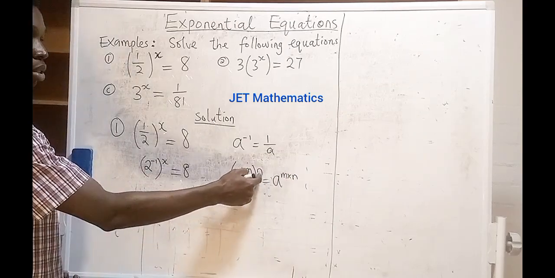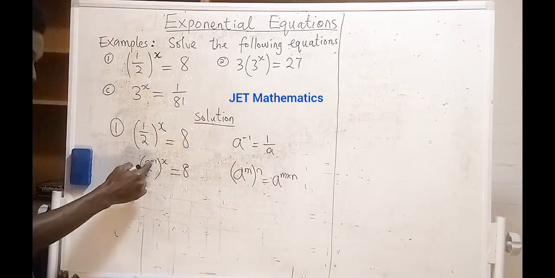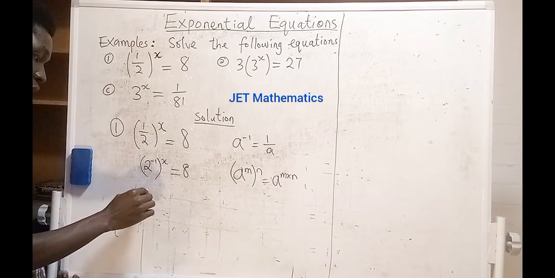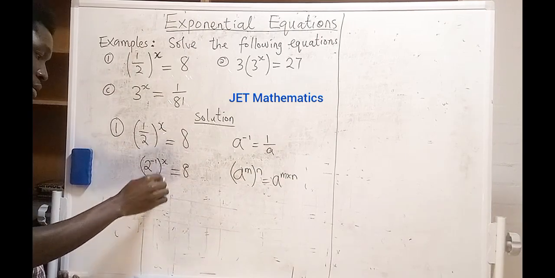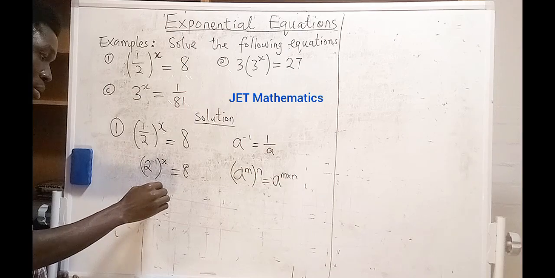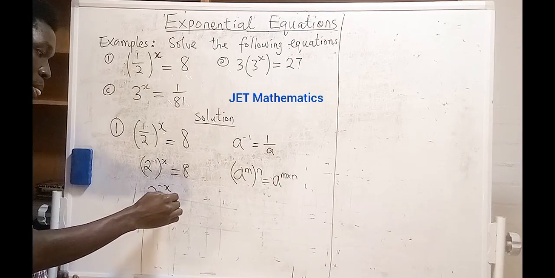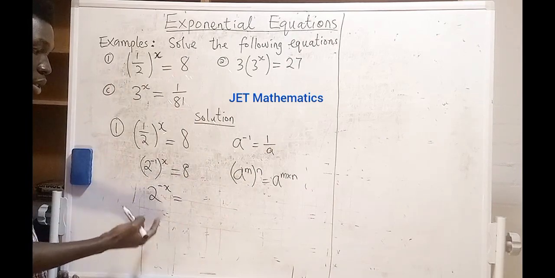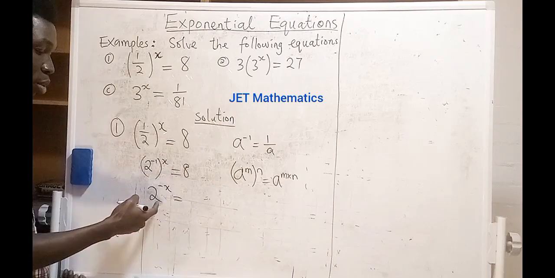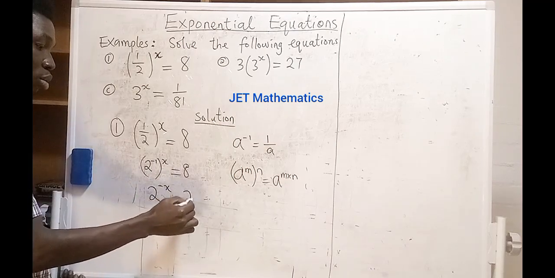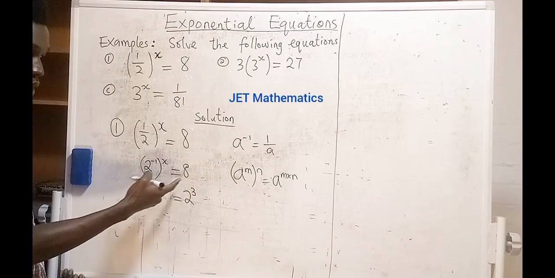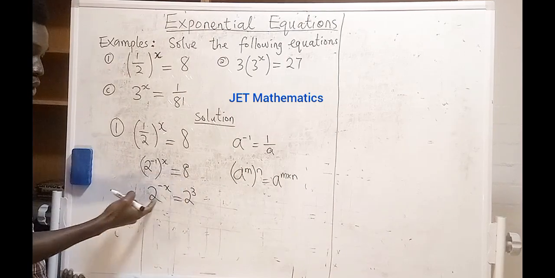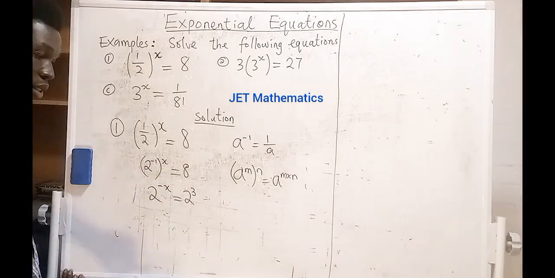So we multiply the powers, which gives us 2 raised to the power minus x is equal to 8. We can express 8 as base 2, so we have 2 raised to the power 3.